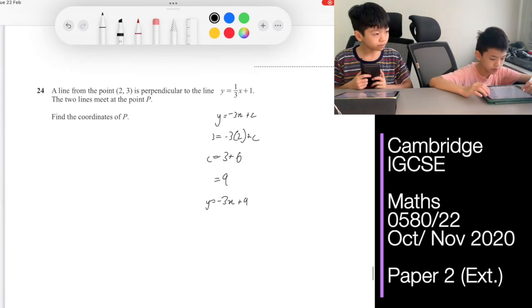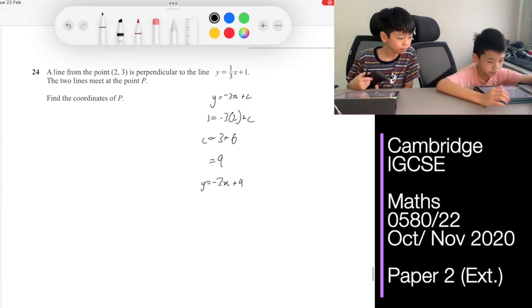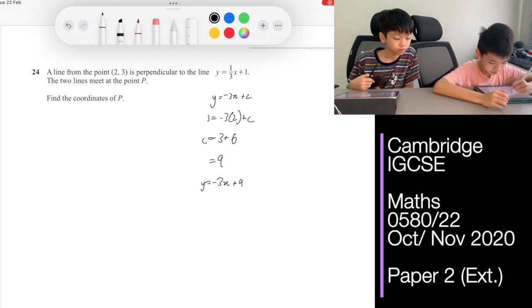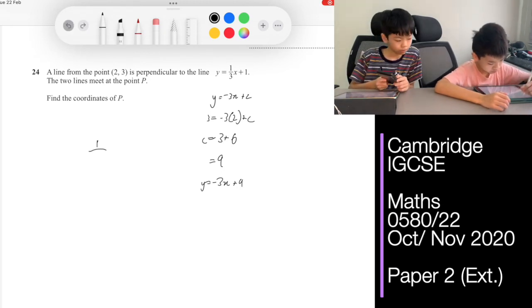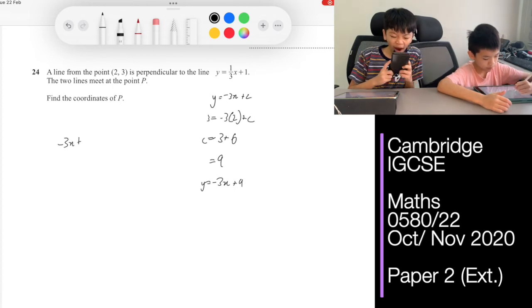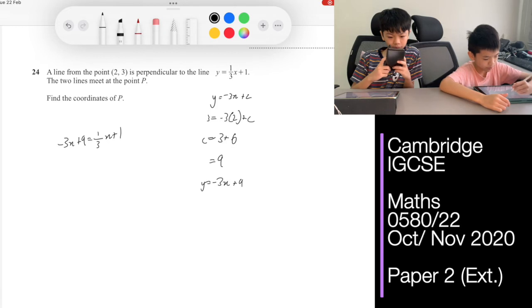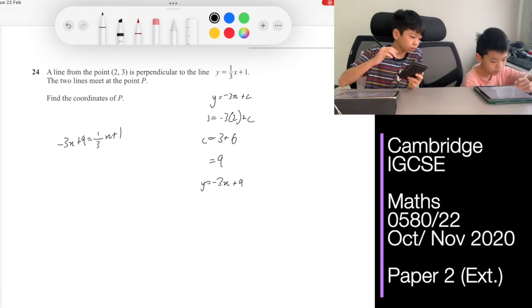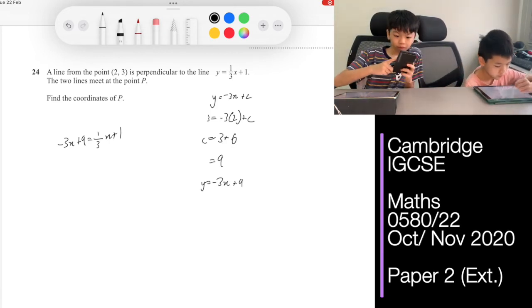So they want the two lines to meet at the point P. So negative 3x plus 9 equals 1/3 x plus 1. So I move everything to the left.